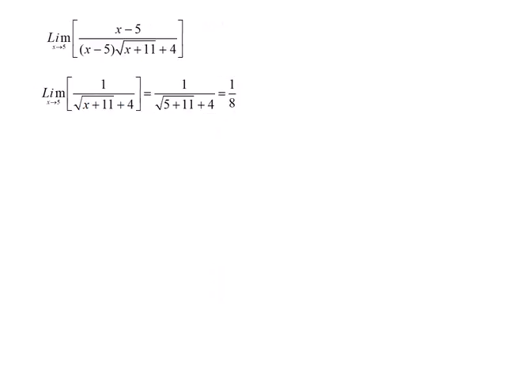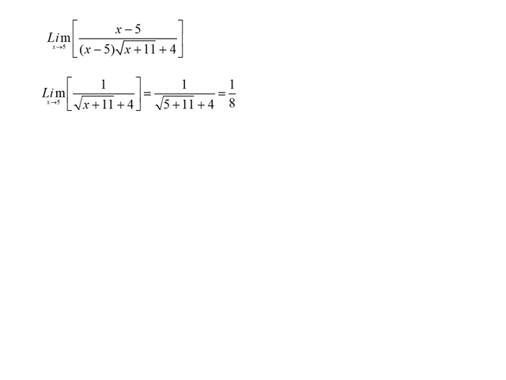Then we have s minus 5 all over s minus 5 in brackets square root s plus 11 plus 4. When you divide, you can see that s minus 5 in the numerator cancels out s minus 5 in the denominator.